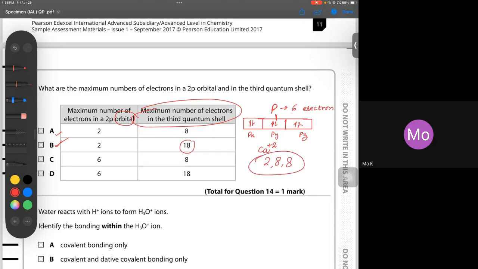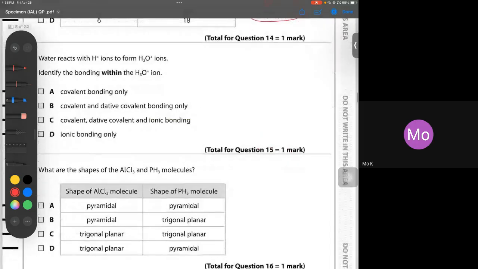And if it has zero charge, that would be 2, 8, 8, 2. So these are the quantum shells. They are asking the maximum number of electrons in the third quantum shell, so that would be 18. So they are asking about the electronic configuration.